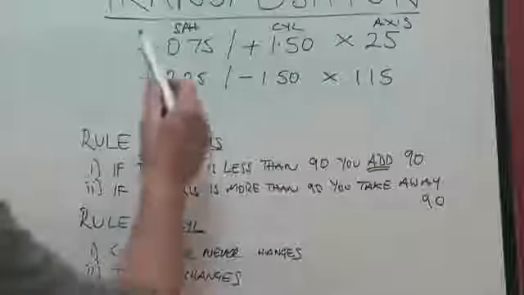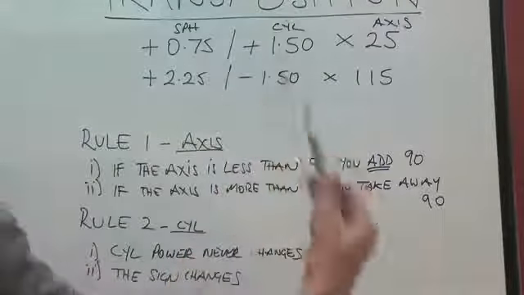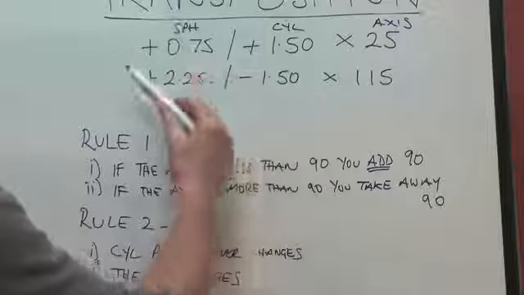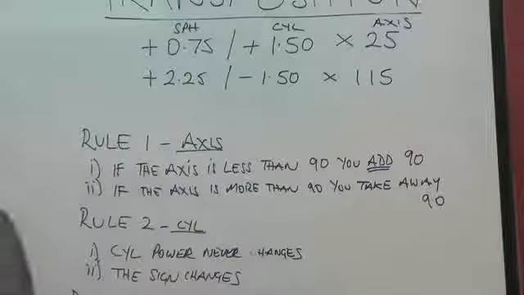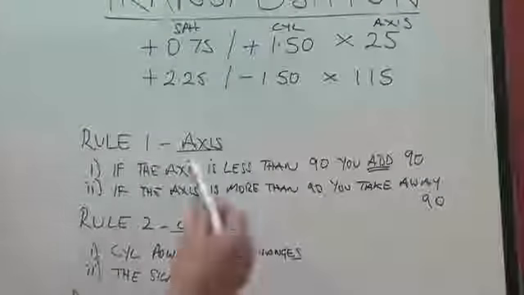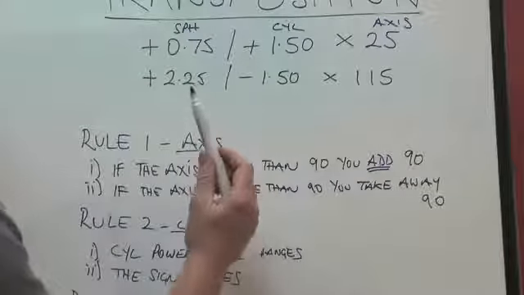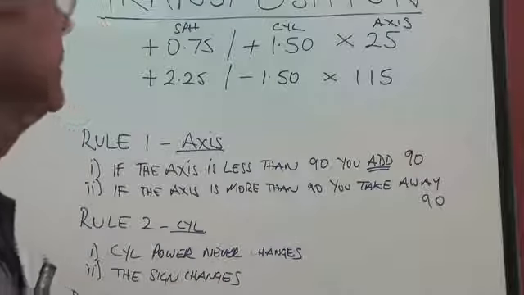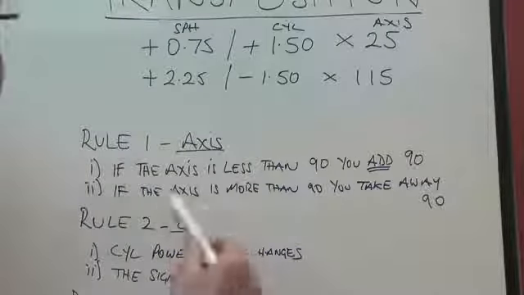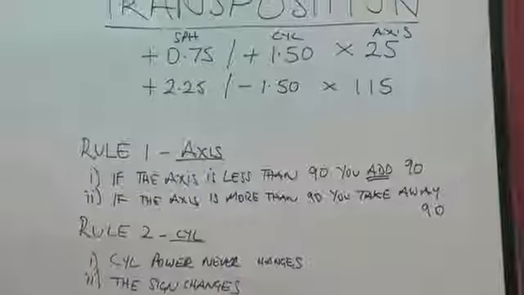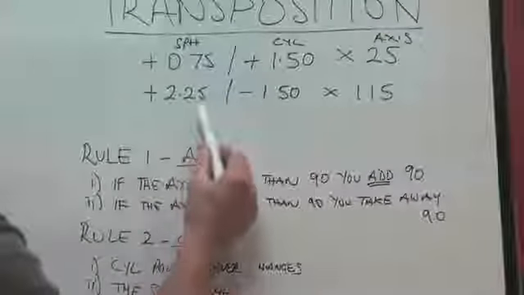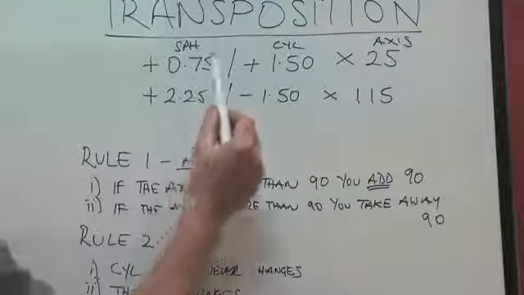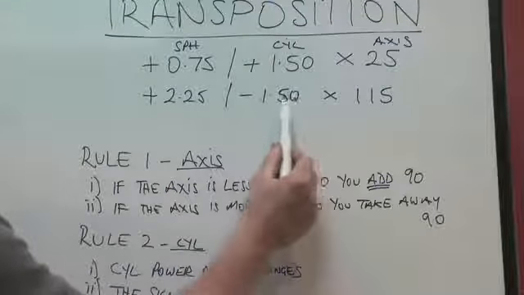If those were both minus, you would still add the two numbers together, and you would end up with minus 2.25. But in the case where the signs are different, you have to take the smaller number from the bigger number and then use the sign of the bigger number. Let's look at this example down below. We've got a plus 2.25 and a minus 1.50.